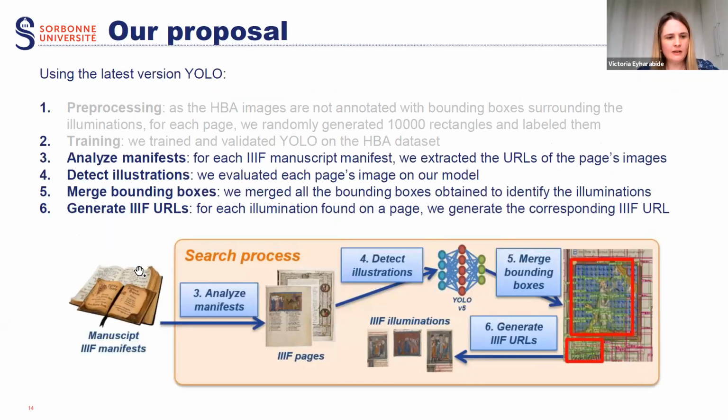The second step of our proposal is the search process. During this step, we start by analyzing each manuscript manifest to extract all the pages, all the images of the pages. After evaluating each page in the trained model, we merge all the bounding boxes obtained to discover the illumination.